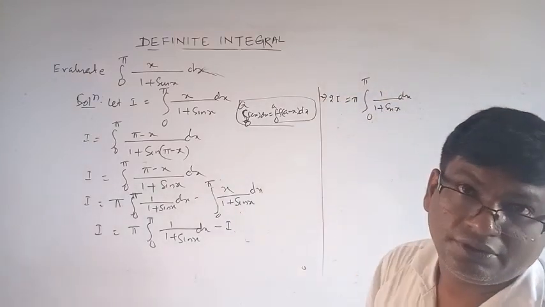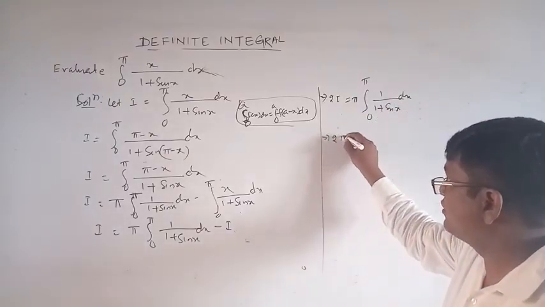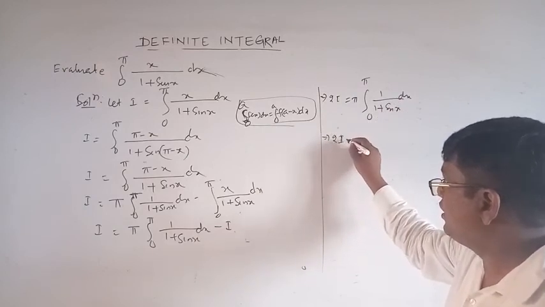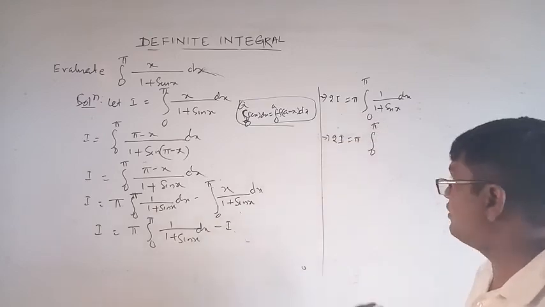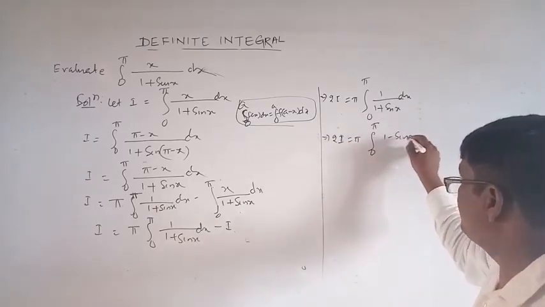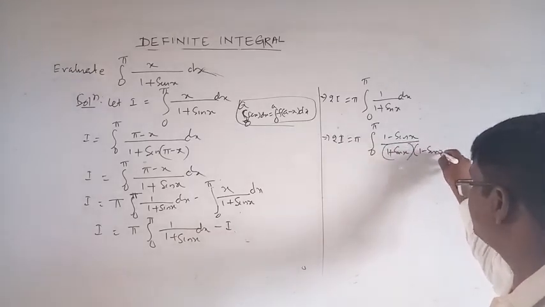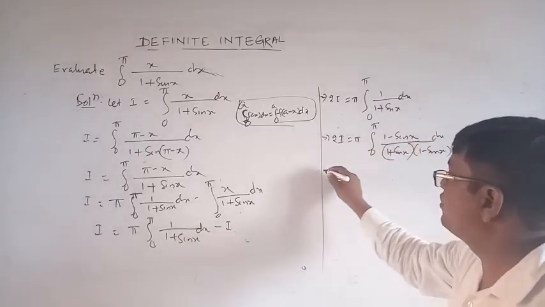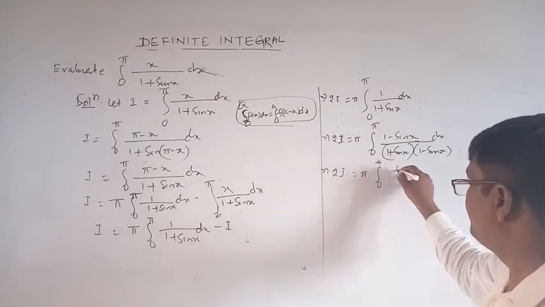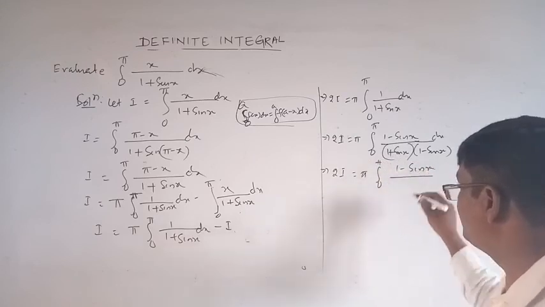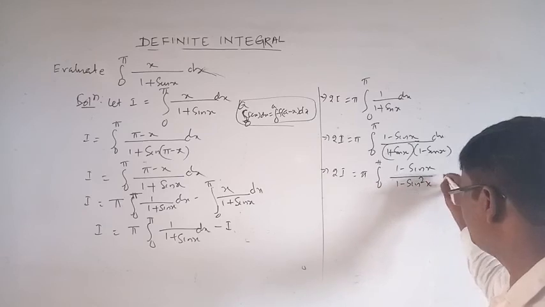Okay, now rationalize it. 2I is equal to pi integral 0 to pi of 1 minus sin x divided by 1 plus sin x into 1 minus sin x dx. So 2I is equal to pi into integral 0 to pi of 1 minus sin x divided by 1 minus sin square x dx.